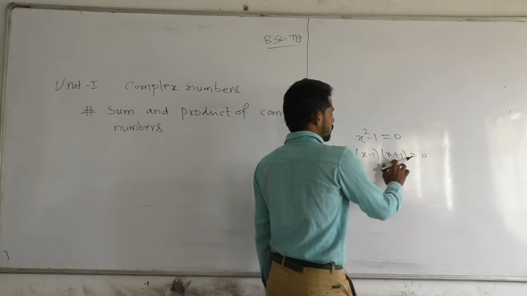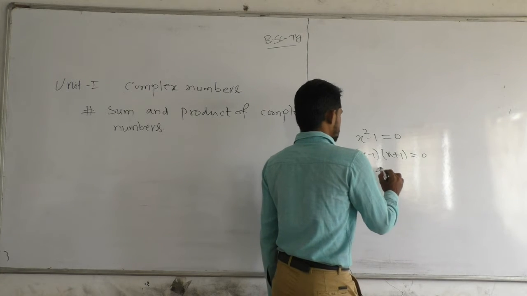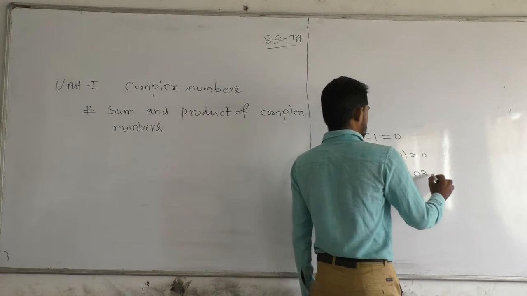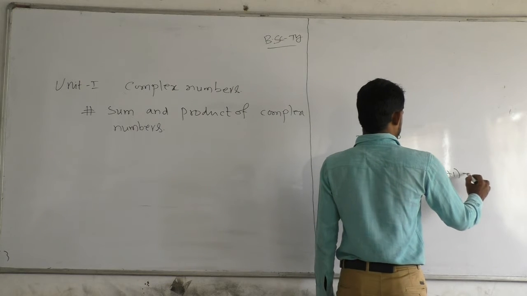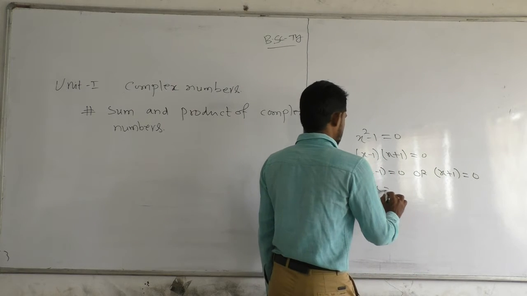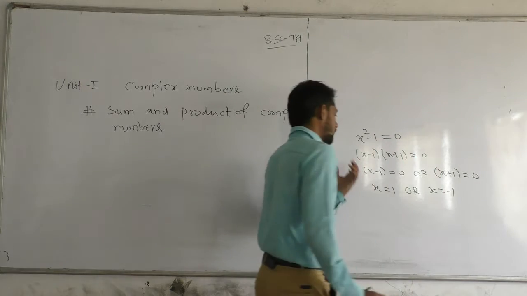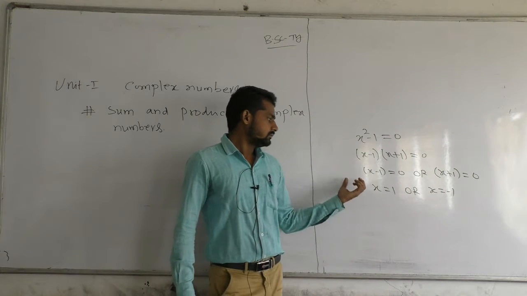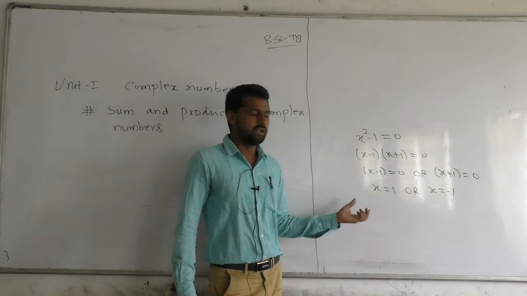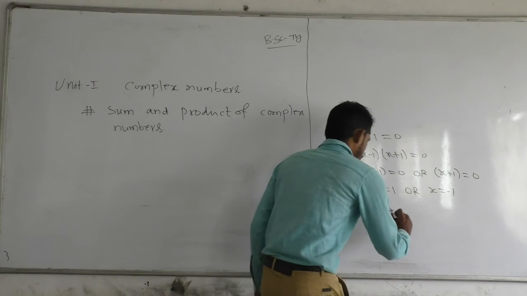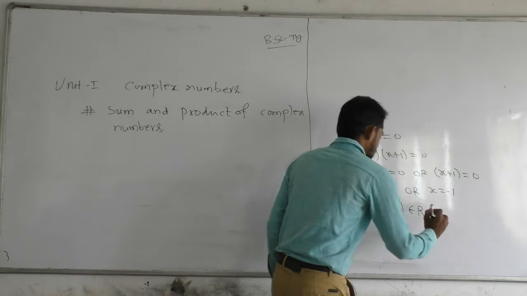So x minus 1 is equal to 0 or x plus 1 is equal to 0. This implies that x is equal to 1 or x is equal to minus 1. For this polynomial, the roots belong to R. So 1 comma minus 1 belongs to the set of real numbers.